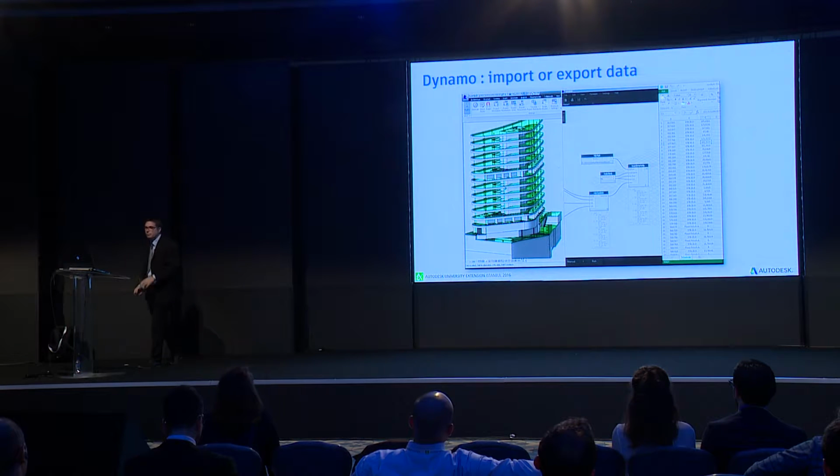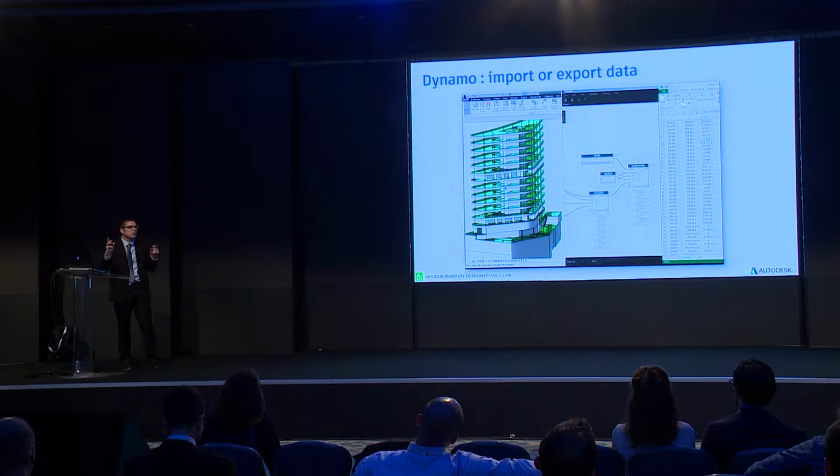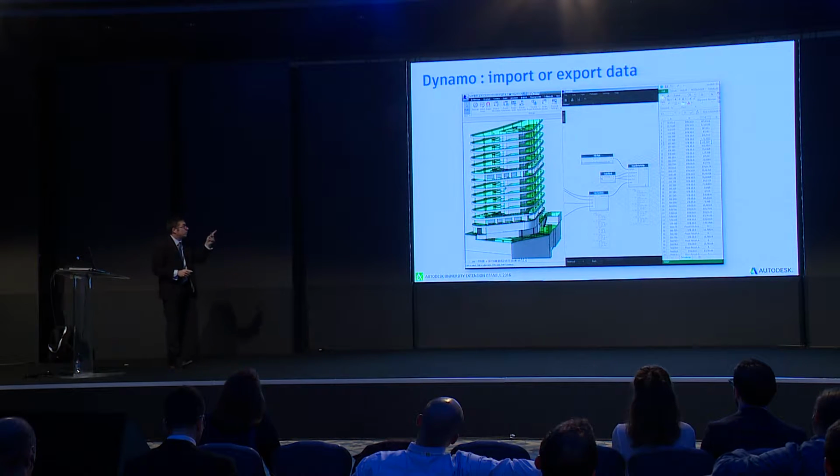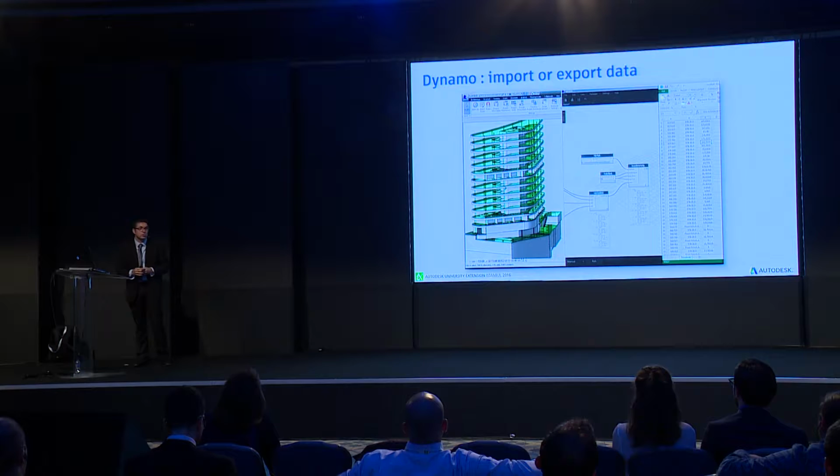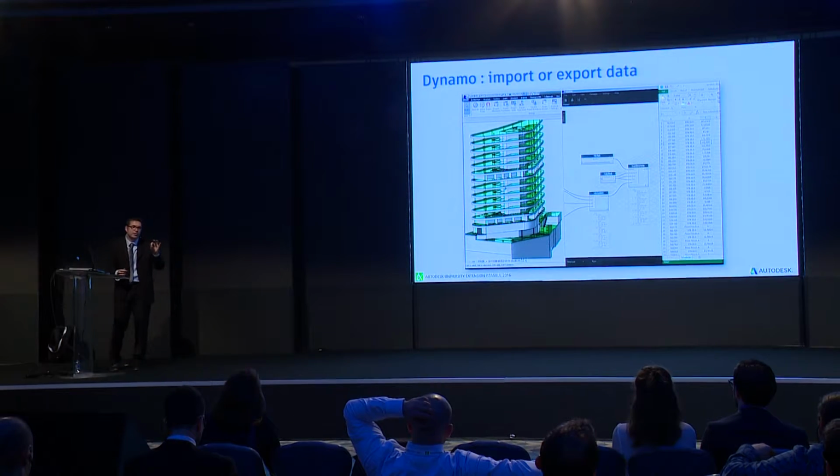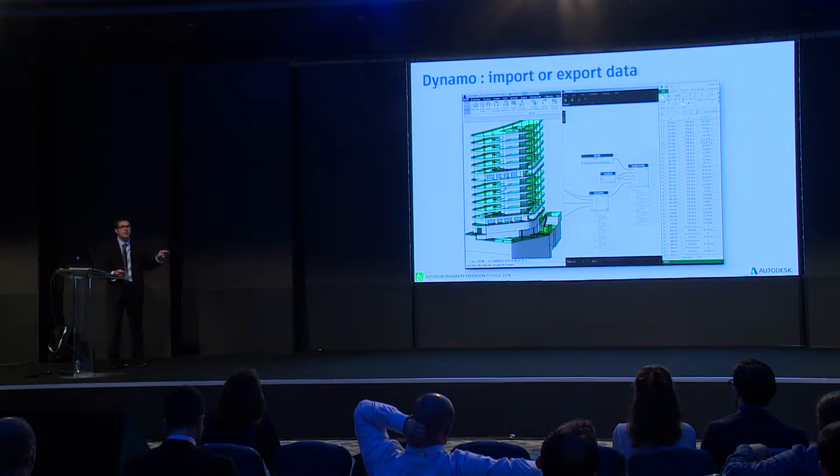There are some plugins that already exist in Revit to export data from Revit to Excel, but these plugins are not so complete. Sometimes they export only a part of the data, not all, but using Dynamo you can export what you want, because with Dynamo you can have access to the Revit database.